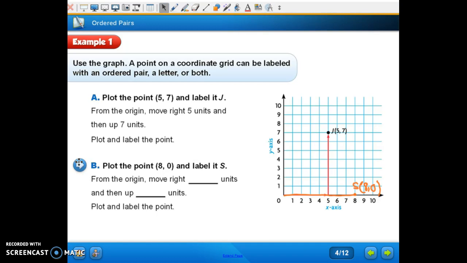So we went to the right 8, and then up 0. So point S is 8, comma, 0.